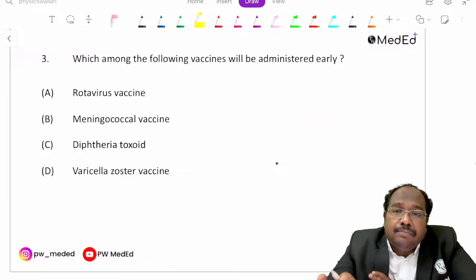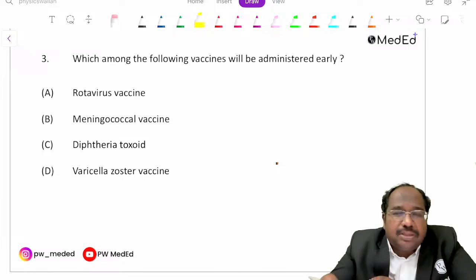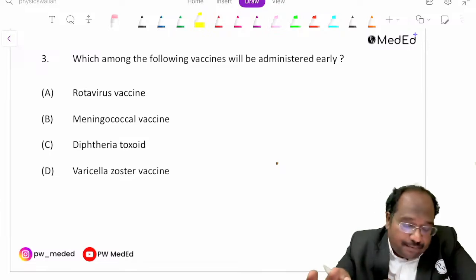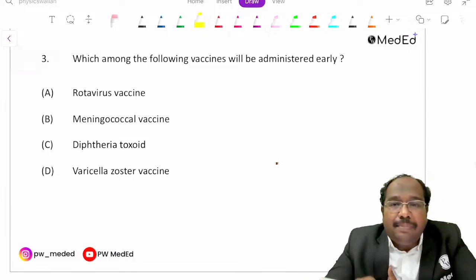Then you will get vaccines, communicable diseases of public health importance. Some other topics are MCH, demography, 1 or 2 questions from nutrition. These are the areas maximum number of questions used to come. Okay, fine. Now, which of the following vaccines will be administered early?